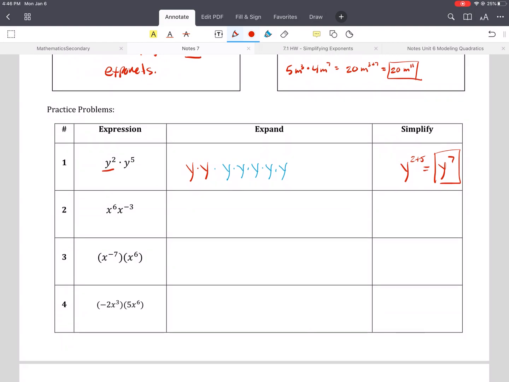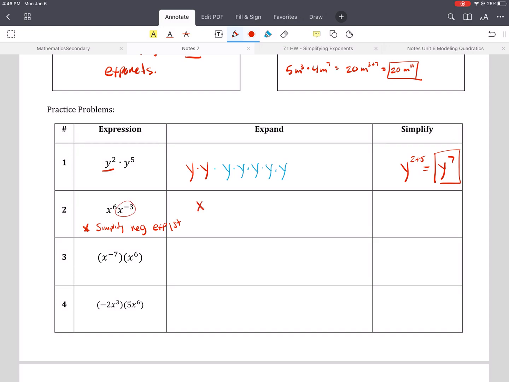All right, here's another example. Last time we talked about negative exponents. Before we do any expanding, we need to take care of the negative. So I'll write a little note here: simplify negative exponents first. Remember, if we have negative exponents, we bring it to the bottom and change its sign.